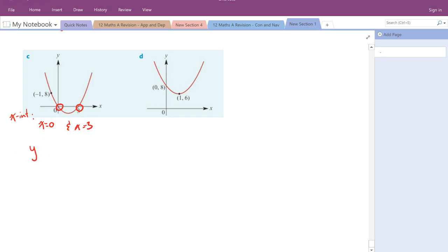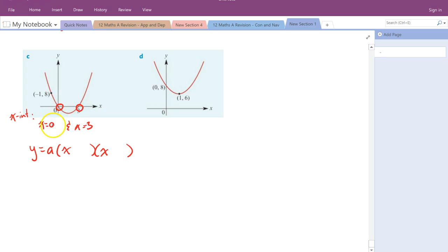So we can say that y equals a times x, and now what goes in these brackets? I need these brackets to be 0 when I substitute one of these solutions in, one of these x-intercepts.